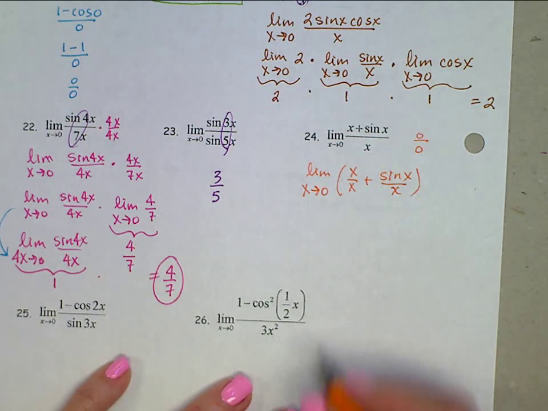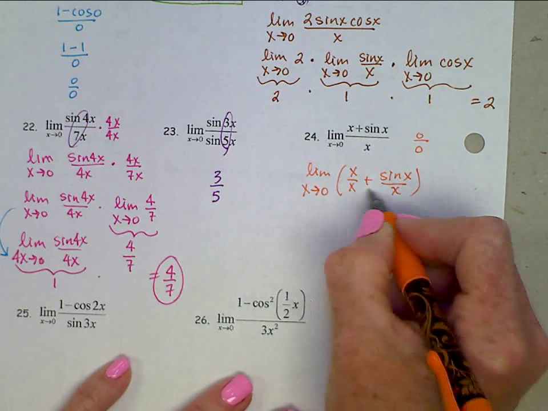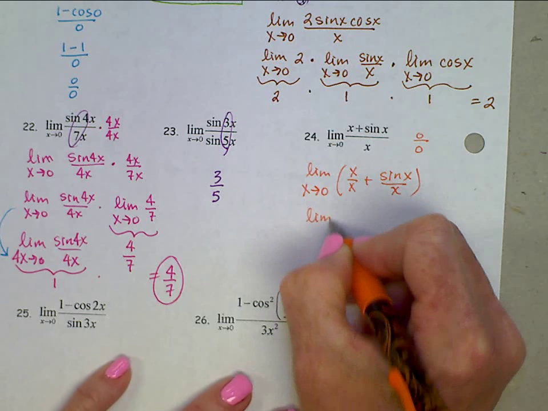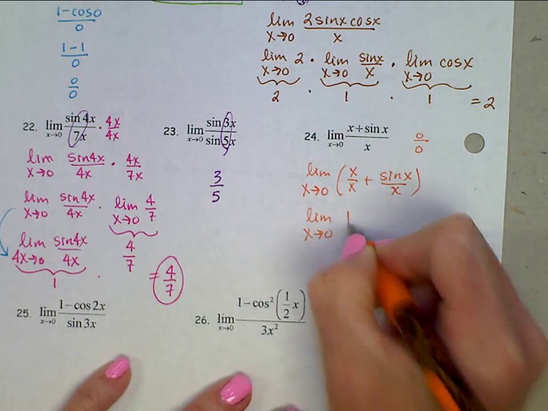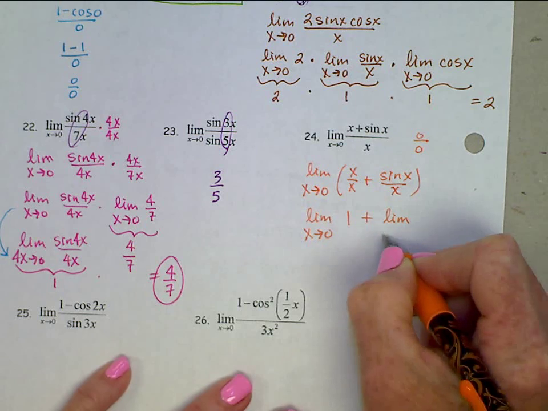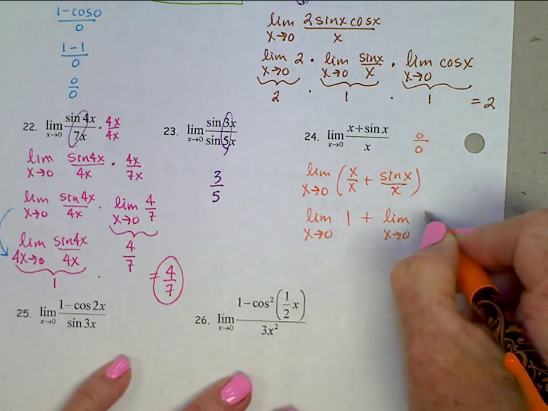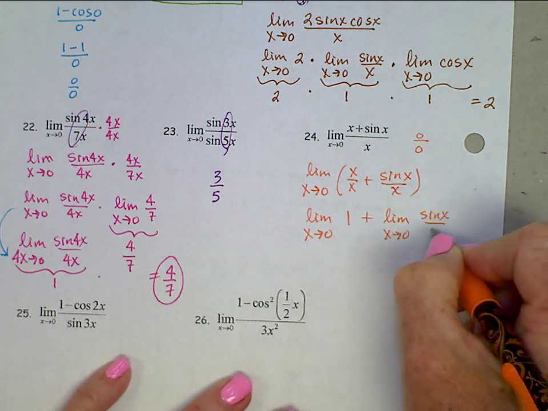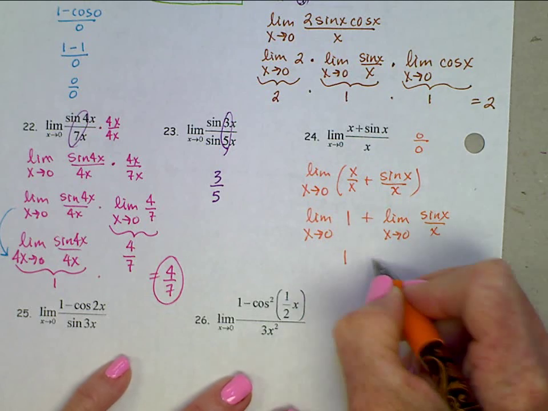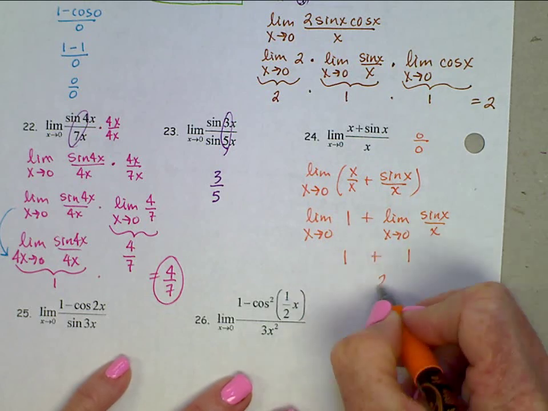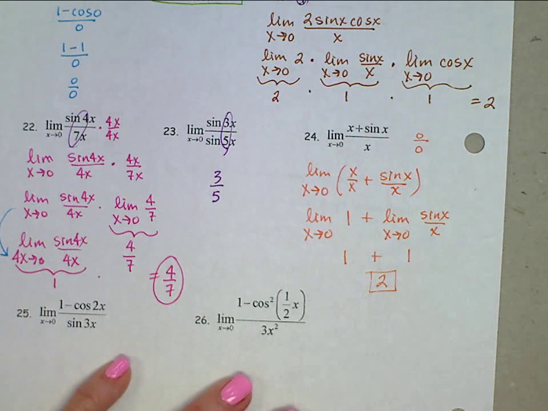Sure we can. Then we can separate over this addition sign. We have the limit as x approaches 0 of 1 plus the limit as x approaches 0 of sine x over x. We have 1 plus 1, which is 2. And there we go.